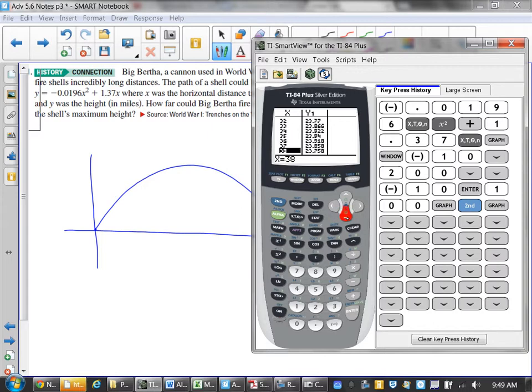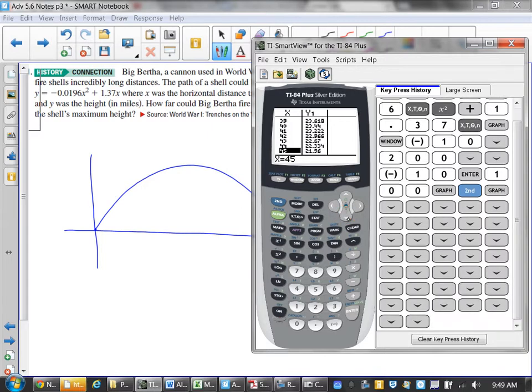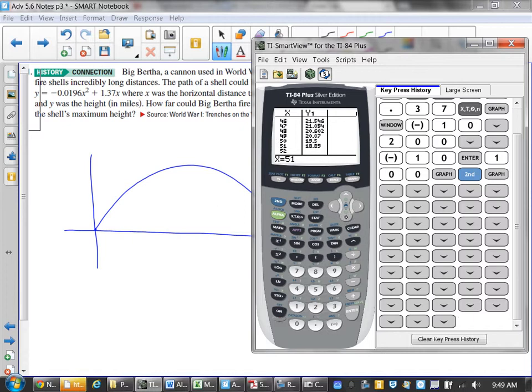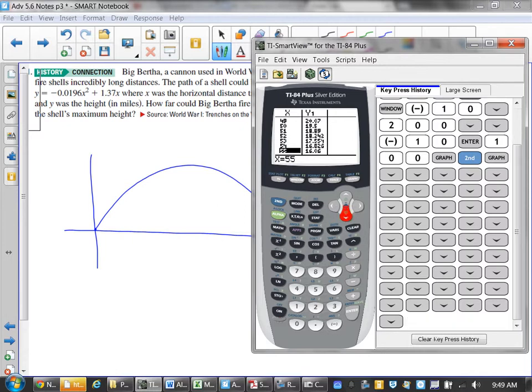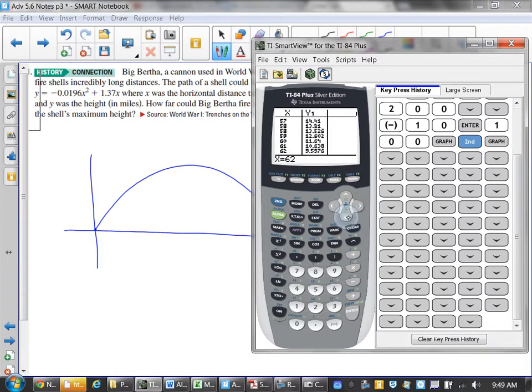Right now it's still on its way up. It's coming down now. Basically, I'm looking to see where it goes to 0. It's about 70 miles, because this x value is in miles.